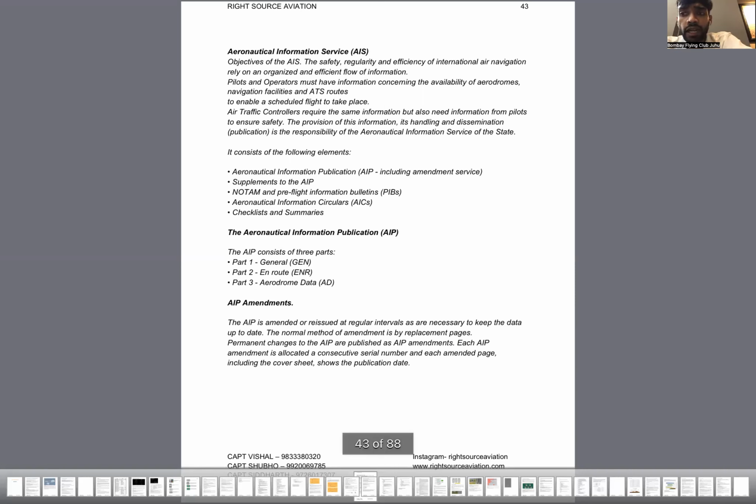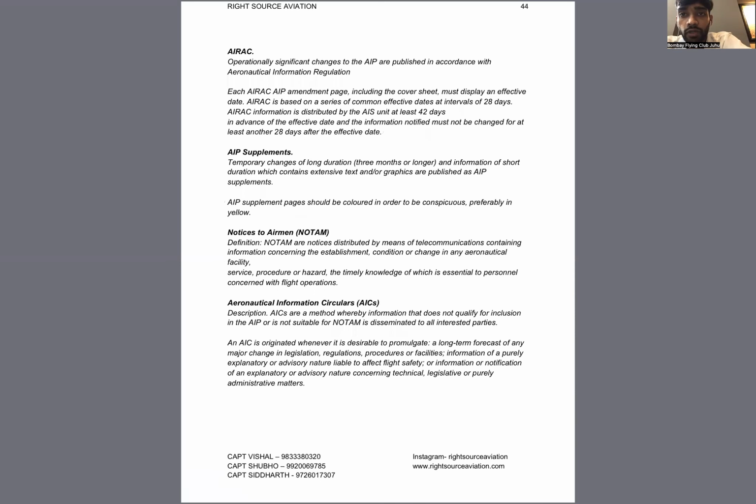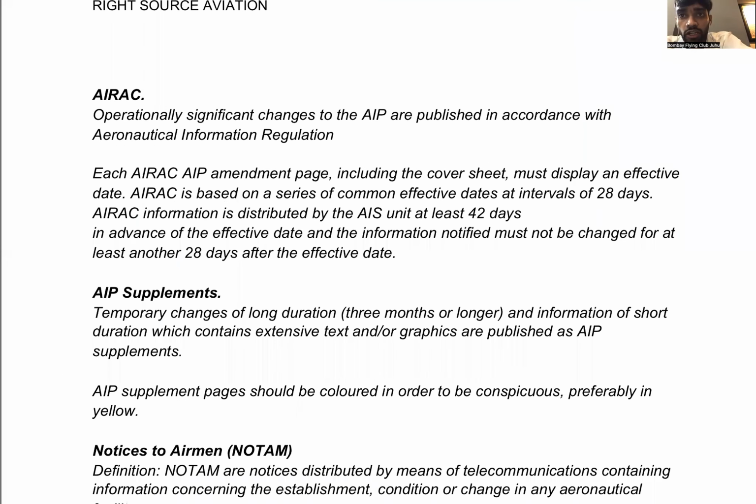That AIP book can have supplements and amendments. Any permanent change would be issued as an amendment. Any temporary change would be issued as a supplement. Thereafter, NOTAMs is another information service. Aeronautical information circulars is another type. And there is one more thing, the AIRAC, which gives the record of all the supplements and amendments issued. Right?